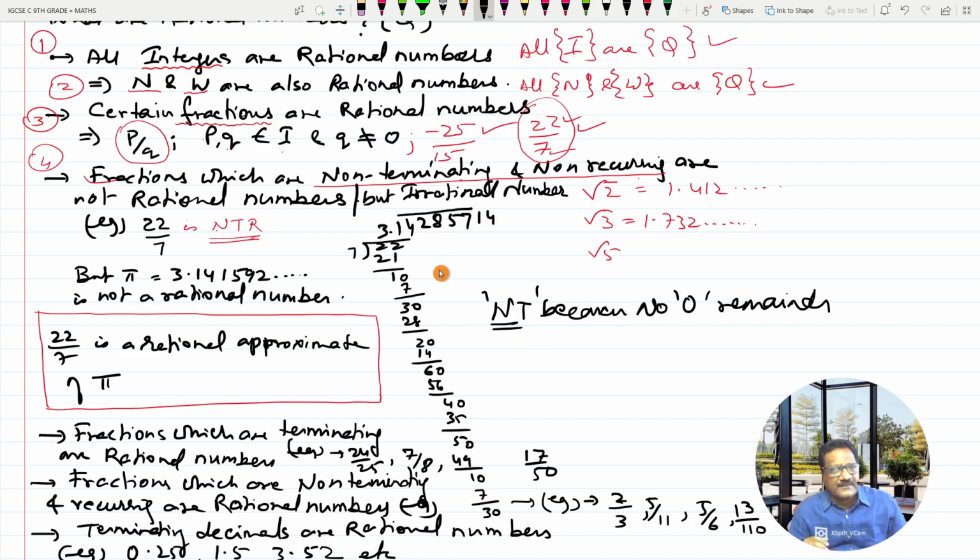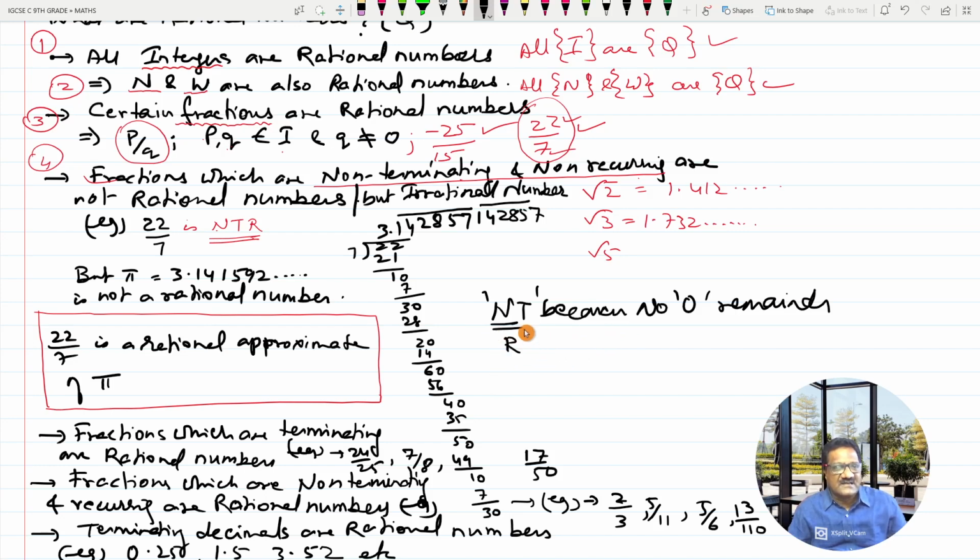But if you see the pattern in the quotient, you will get 3.142857, then you will get again 142857. So this group of digits 142857 is repeated. So this comes under recurring fraction.